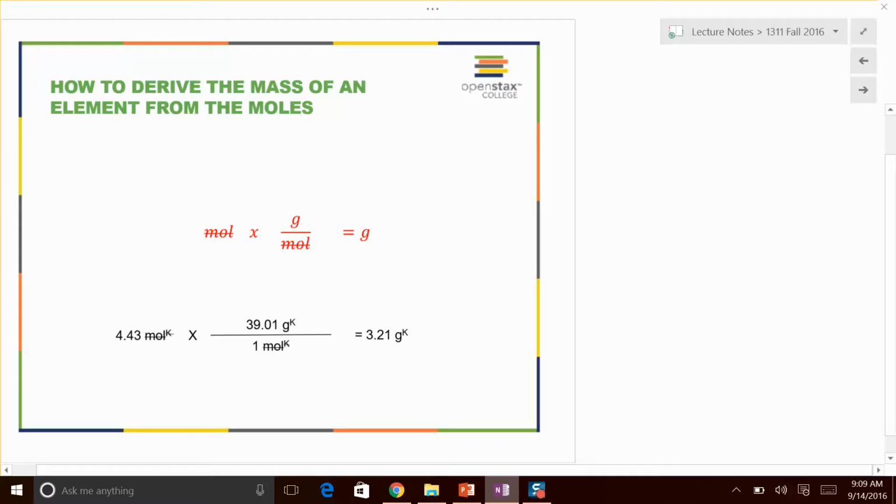What about moles to grams? I just do it in the exact opposite way. So if I have 4.43 moles of potassium, that is not the right answer. Somebody do that calculation for me. If I have 4.43 moles of potassium, and I want to convert that to the number of grams of potassium that I have, what's it going to be? 173.213.